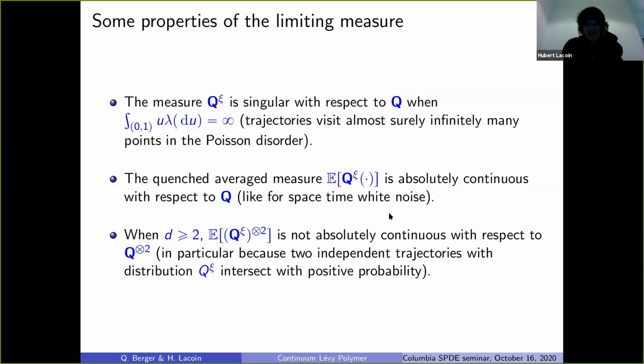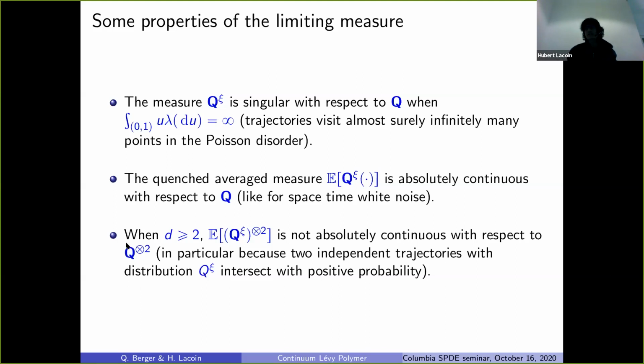Another thing, which this time contrasts with the case of Gaussian space-time white noise, is that when the dimension is larger than 2, if you take 2 replicas of your continuum polymer and then take the average with respect to the environment, you get something which is not absolutely continuous with respect to 2 replicas of the Wiener measure.